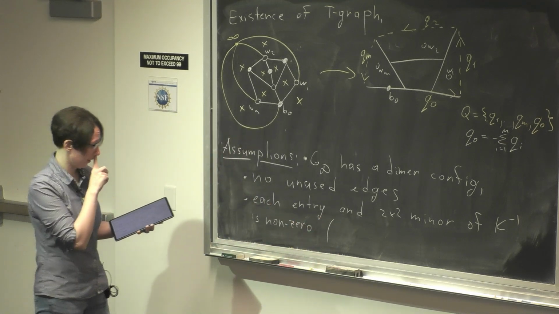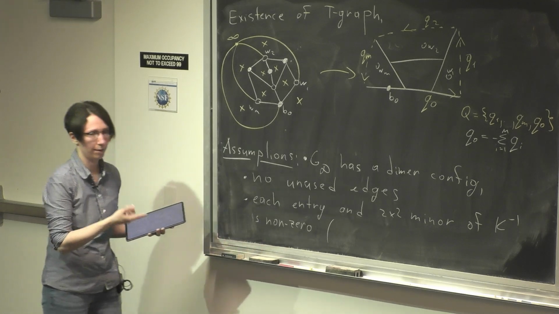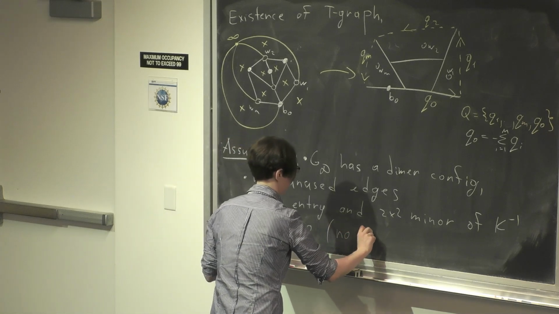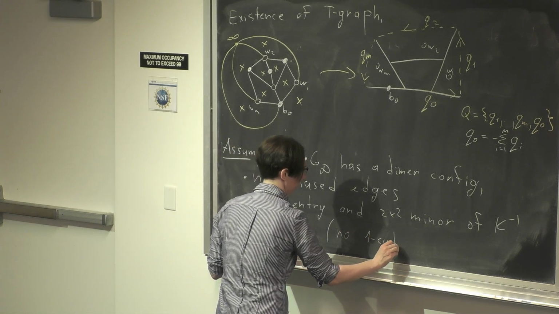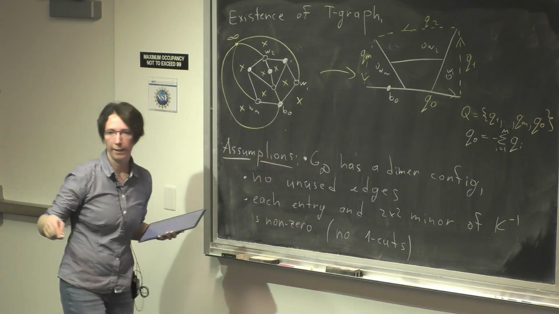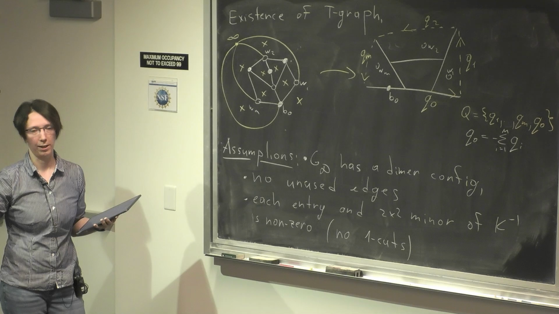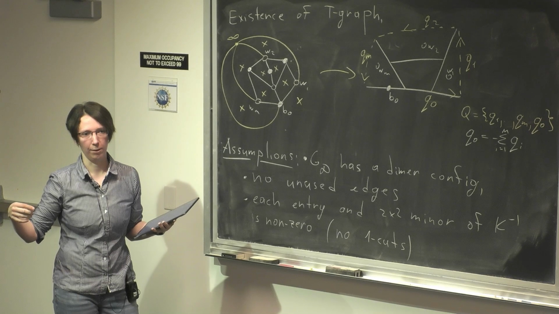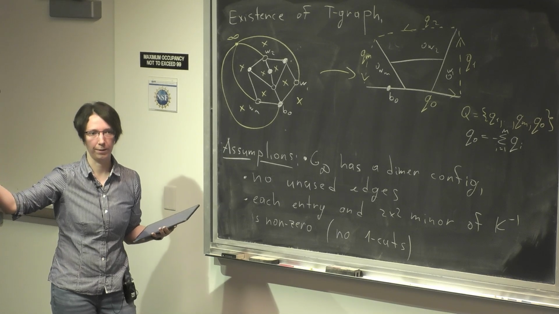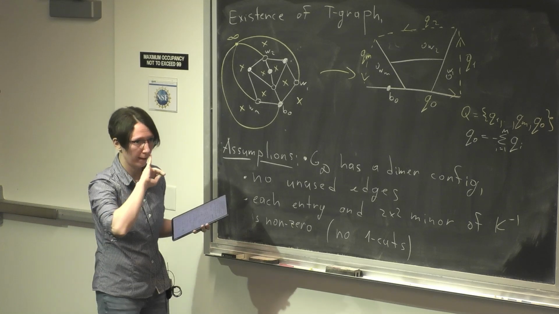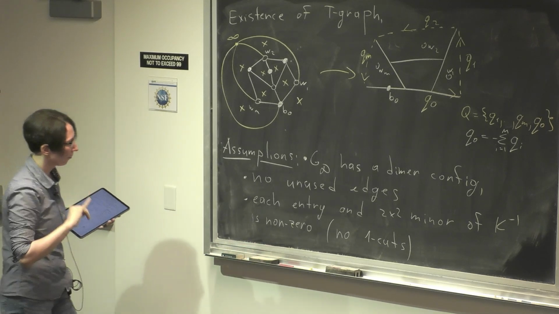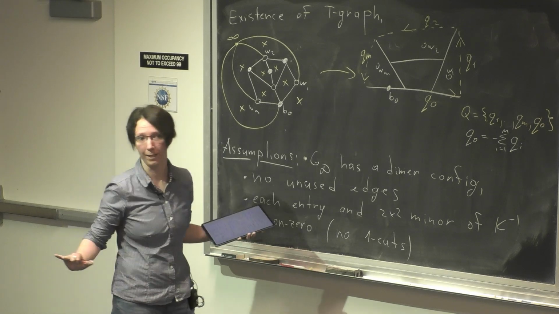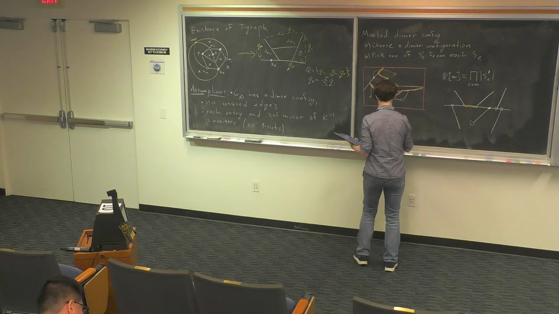Which, for those who know, implies that if for generic choice of weights this is always true, then the graph has no one cuts. A one cut is a subset of the graph which has one more black vertex than white vertices, and all edges with the complement start from black vertices of this subgraph. So anyway, this is just a generic assumption. We have a nice generic graph with generic weights. This is how to think about it.